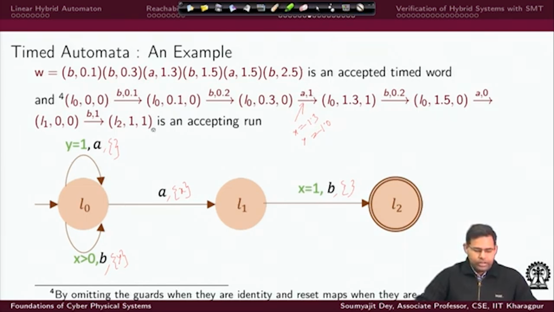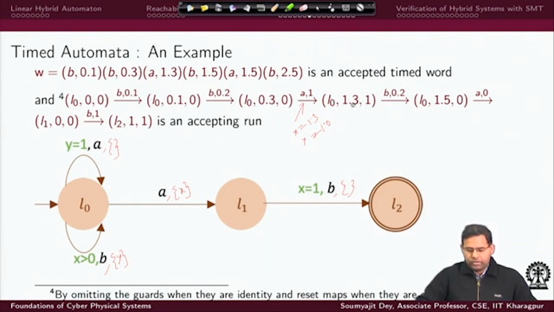The event is A, so you have to take this transition or this transition, but with y equal to 1 you are satisfying this guard also, and here there is no guard to satisfy. Let us say I take this transition, this is a non-deterministic choice, I could have taken any one. I satisfy this guard, nothing is being reset, so I am here again with 1.3 and 1 as clock valuations of x and y.